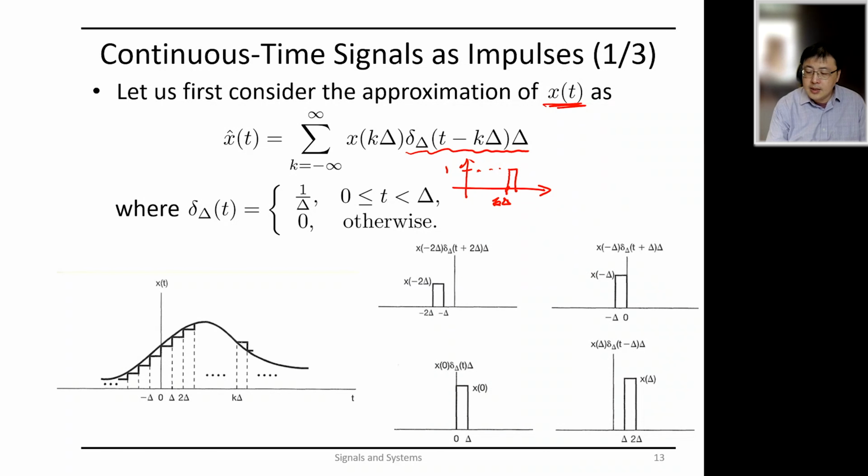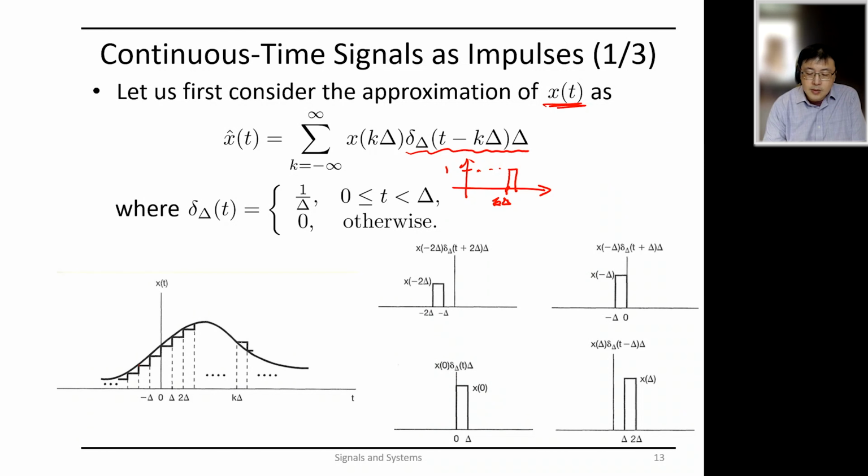And this rectangular pulse, if you scale it by the corresponding value of x at this time, then summing these rectangular pulses up will essentially give you this staircase approximation of the original function x. So again, x hat of t is this staircase function here that serves as an approximation of this continuous time function x of t. Okay, do we have any questions about this?